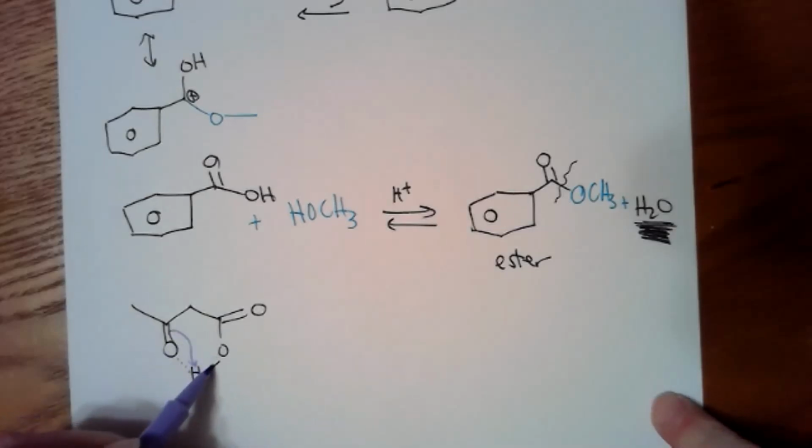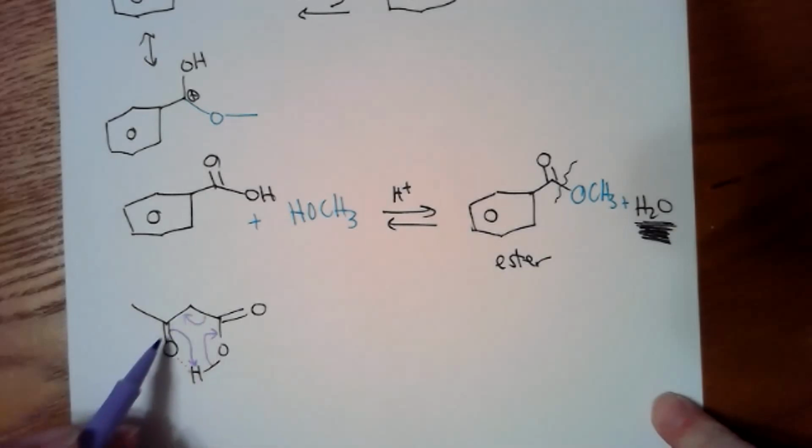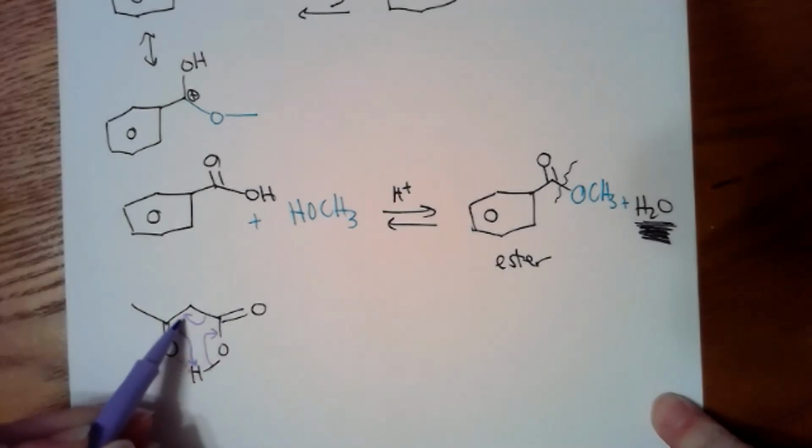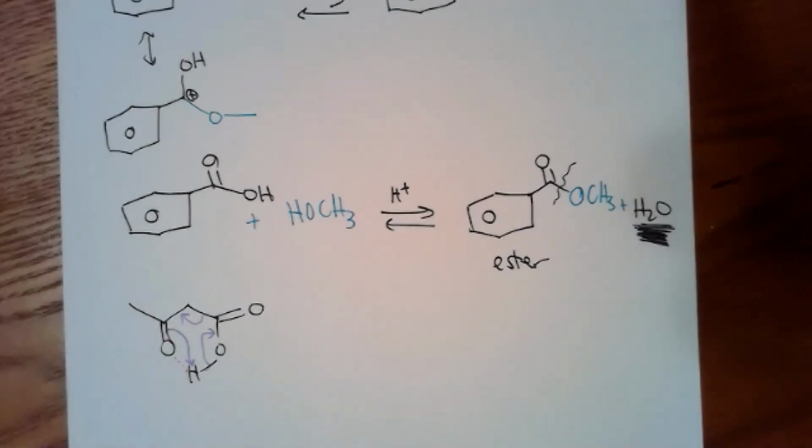This double bond attacks that hydrogen to make this into an OH. These electrons that were holding on to the H now become a double bond there. That would exceed that carbon's octet, so we have to break one. That becomes a new double bond over there.